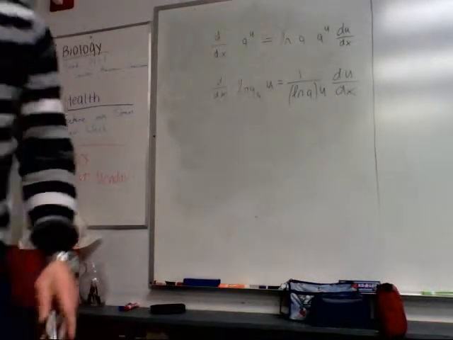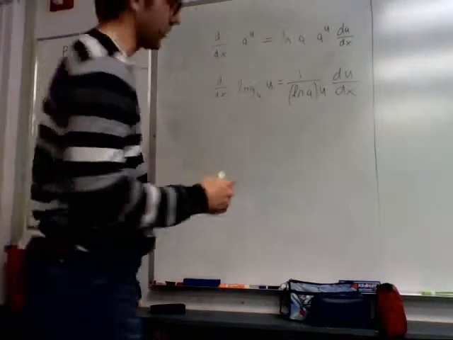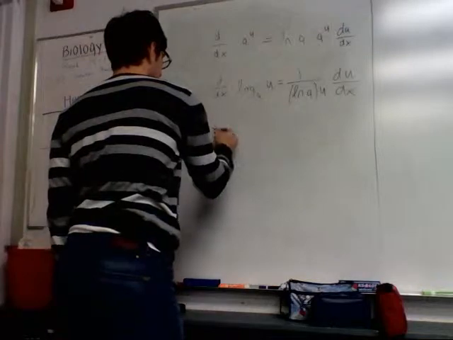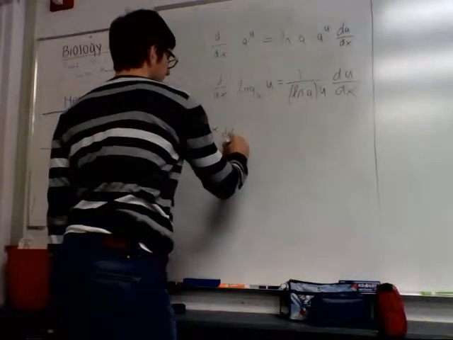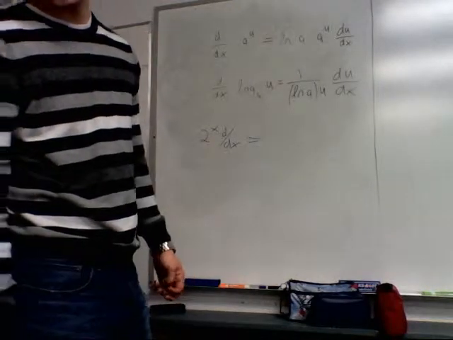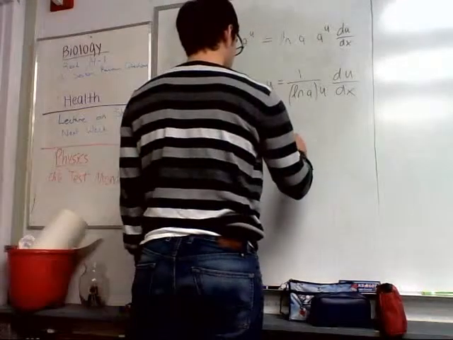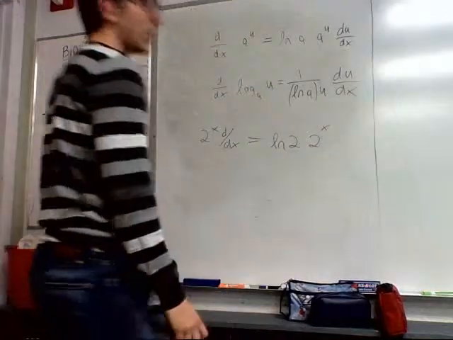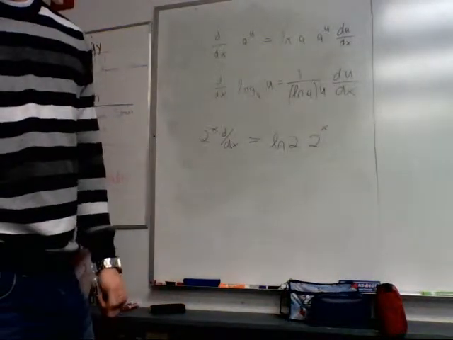So find the derivative. Let's do the first two of example 3. 2 to the x. What's the derivative here, d by dx? Now the derivative is ln 2 times 2 to the x. Wow, that was hard, right? Not too bad.